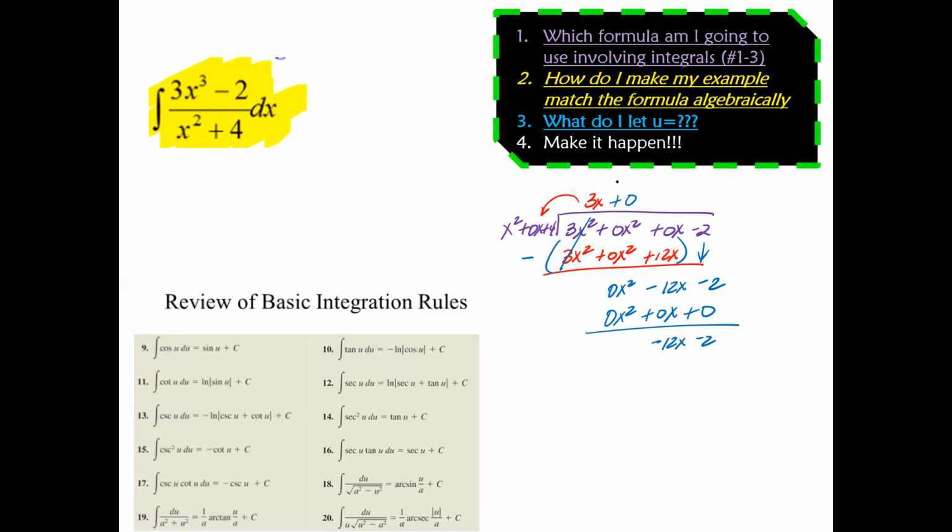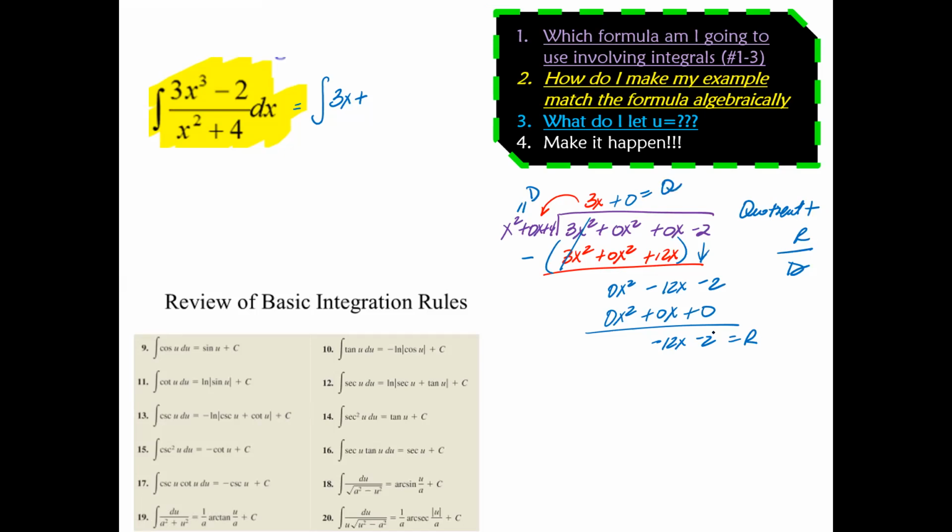So this is your answer right here, and we're just going to rewrite this as 3x plus, remember, it is always going to be your quotient, which is your answer, plus remainder over divisor. So your remainder is right here. This is your divisor. This is your quotient, okay?